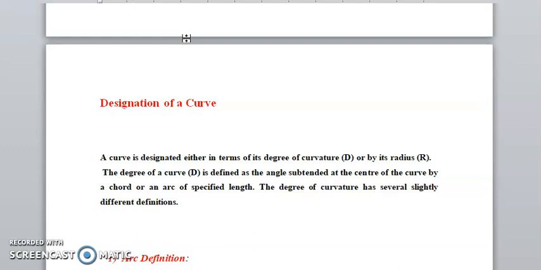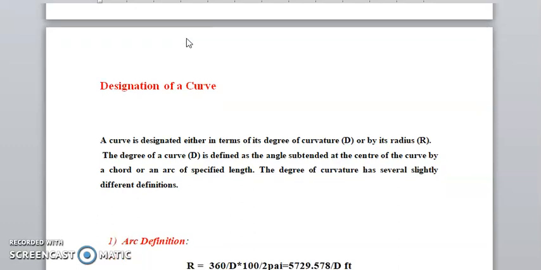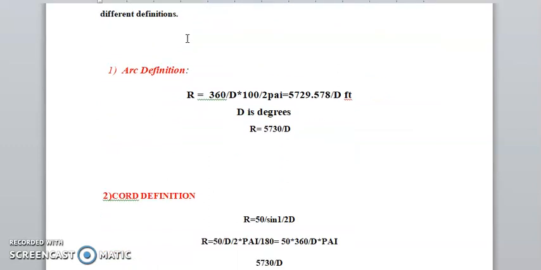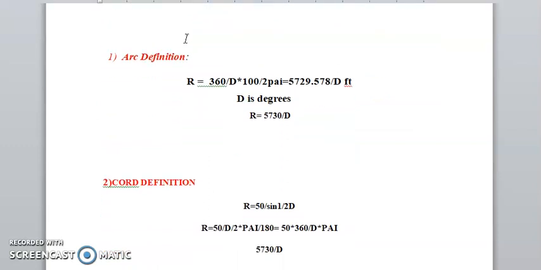A degree of curve has several slightly different definitions. First, we go for the arc definition. What is the arc definition?